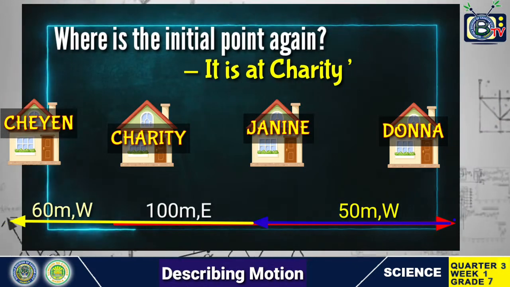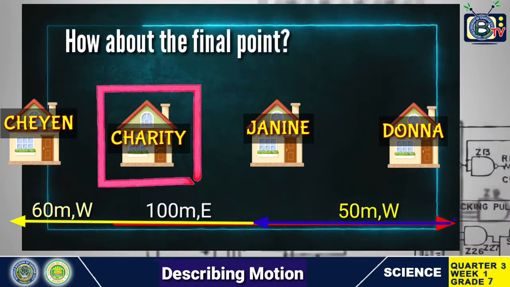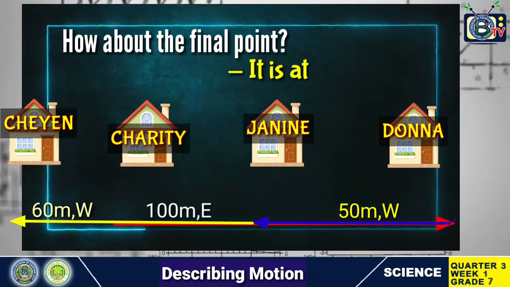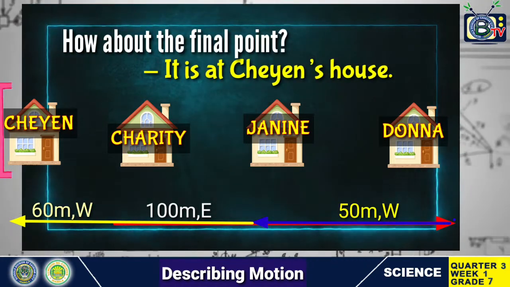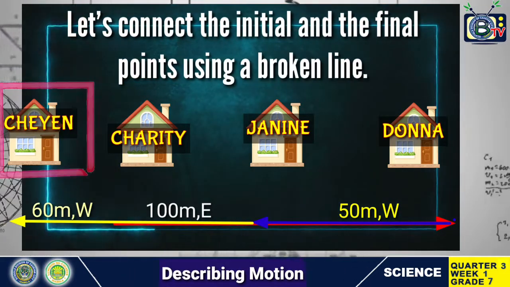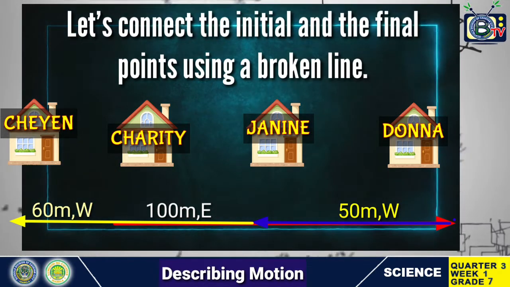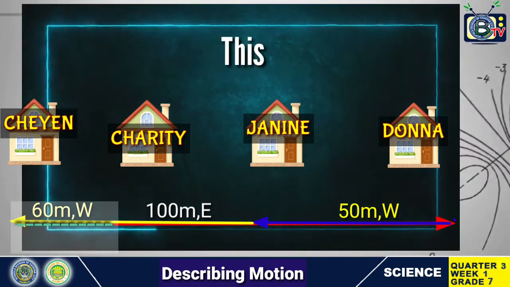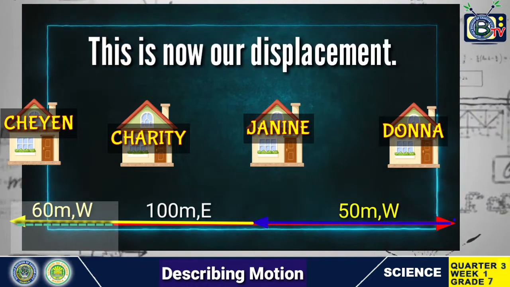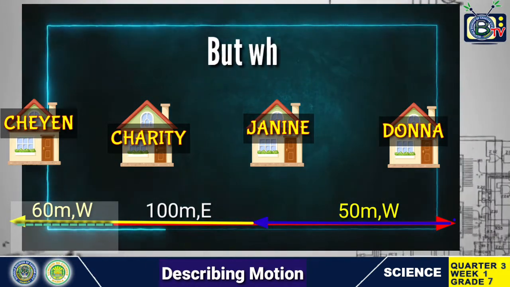Yes, it is at Charity's house. How about the final point? Very good. It is at Sayan's house. This time, let's connect the initial and the final points using a broken line. This is now our displacement. But what is its magnitude?